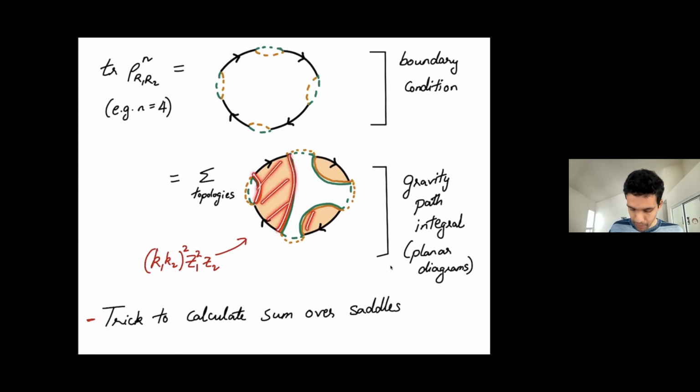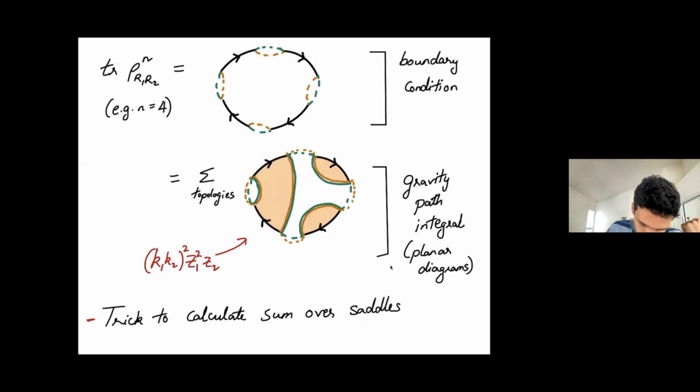Here is an example. The value of this particular diagram would be given by Z1 squared. Z1 is basically the path integral over JT gravity with one asymptotic boundary. There's two of these, times a factor of Z2, which is the path integral with two asymptotic boundaries. And then there's some index loop contraction.